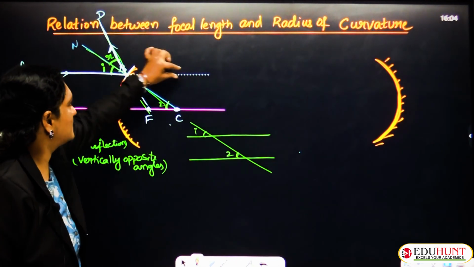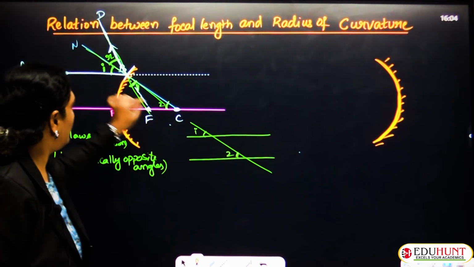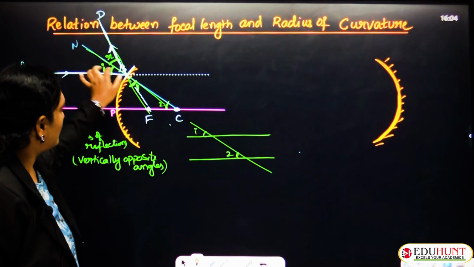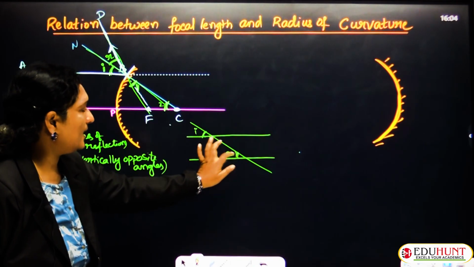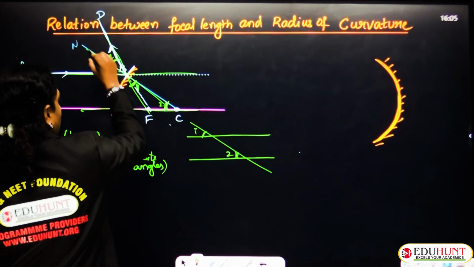The bottom line here is the corresponding angle. So if this happens to be I, then this must be 2. These are the two lines we have considered.